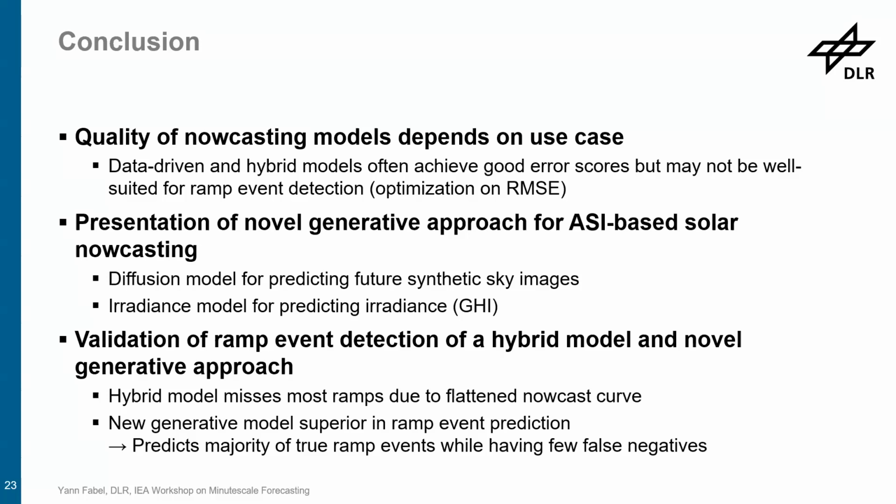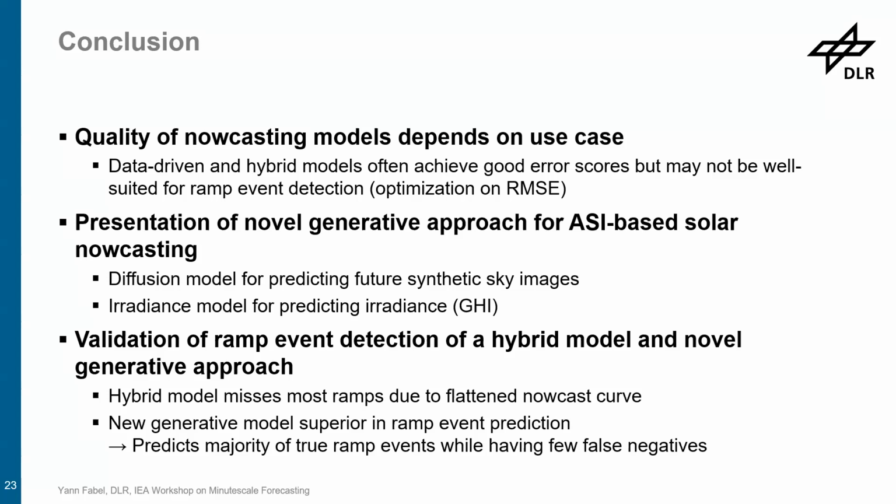I presented a novel generative approach with sky images that uses a diffusion model to predict future sky images and a separate irradiance model to derive the GHI or whatever irradiance from the synthetic images. And then I showed you some preliminary validation of this ramp event detection and compared it with the previous hybrid model we've been developing.